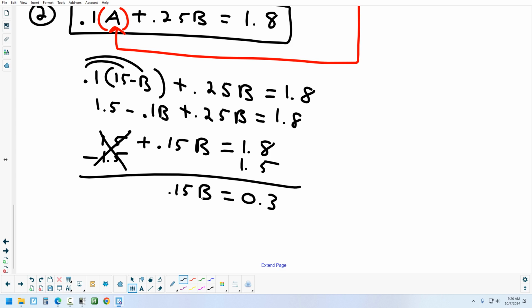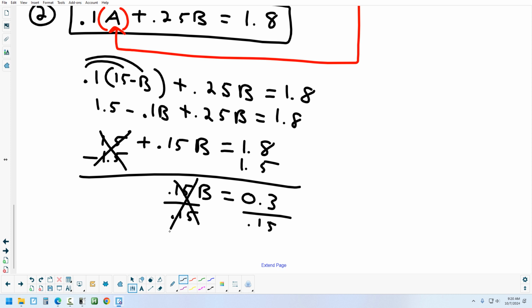And my last step to get b by itself. Divide, say it one more time. Divide by 0.15, yeah. I know what you meant. So divide by 0.15.